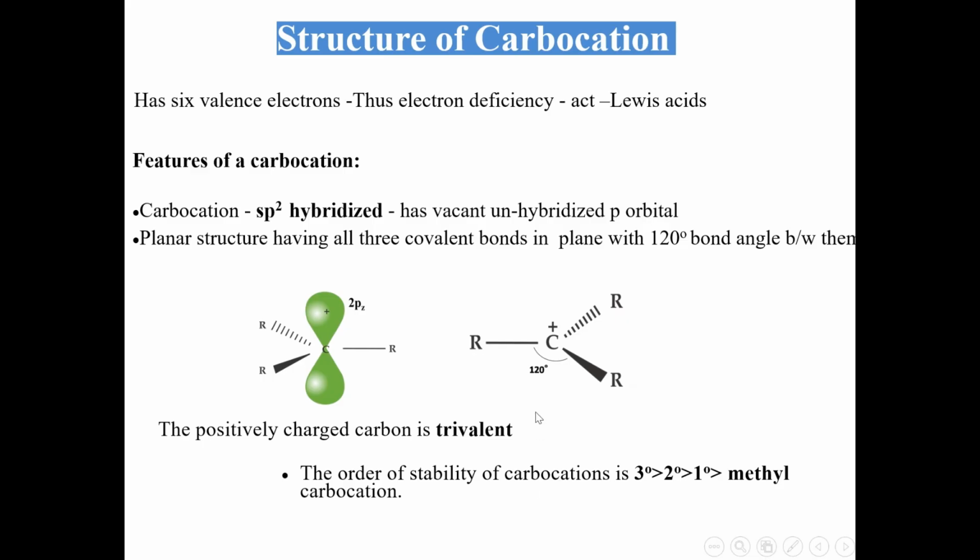This is attached to three atoms only. That's why it is trivalent in nature. The order of stability of these carbocations is like this: tertiary carbocations are more stable than secondary, which are more stable than primary, which is more stable than the simple methyl carbocation.